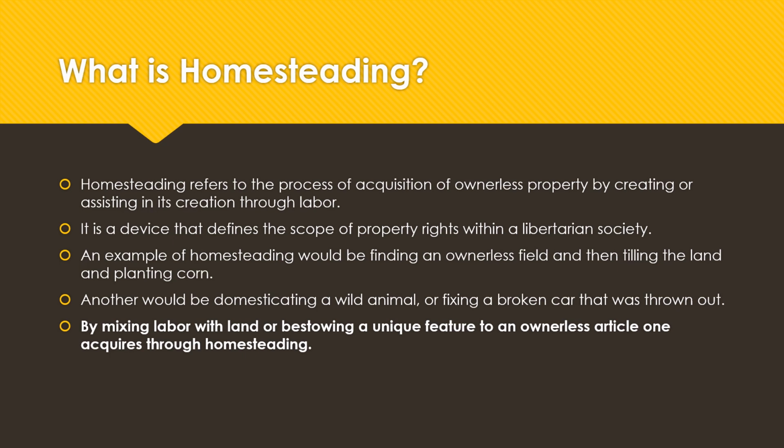An example of homesteading would be finding an ownerless field and then tilling the land and planting corn. Another example would be domesticating a wild animal or fixing a broken car that was thrown out. By mixing our labor with land or bestowing a unique feature to the ownerless article, one acquires it through this process of homesteading. So broadly speaking, homesteading just means you're mixing your labor with something, and that's how you acquire it.